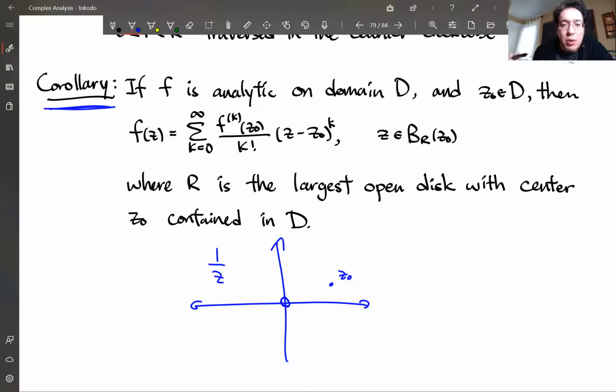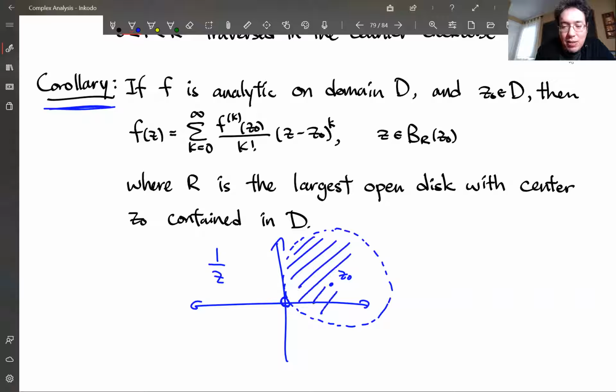Okay. So if you know the value of z naught here and all of the derivatives at this point, so you only have to understand this function very well at that one point, then we have a power series that converges on the largest possible disk that fits in the domain.